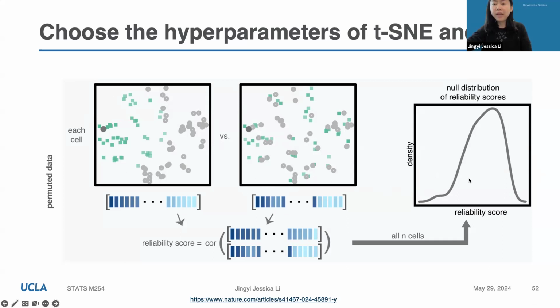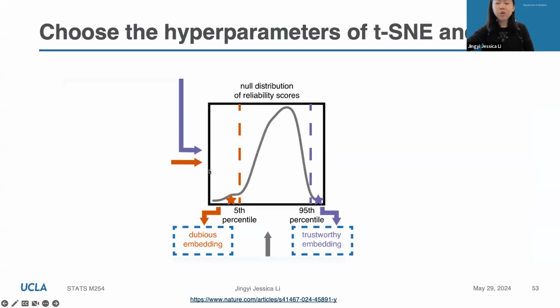From this, for each real cell in the original data, we can say whether its reliability score is high or low. We just compare these scores to the null distribution. And we call the upper tail given the null distribution reliable or trustworthy, and we call the lower tail dubious.